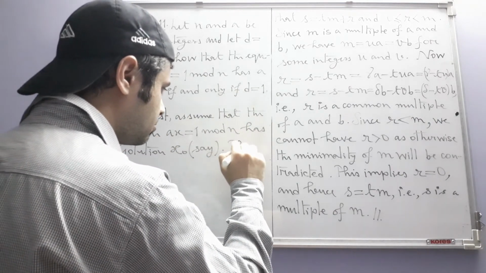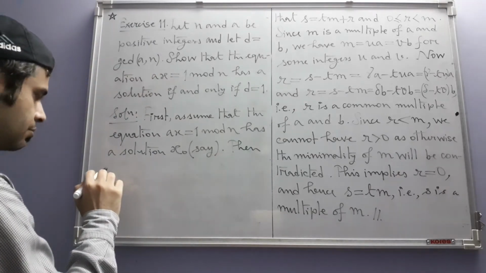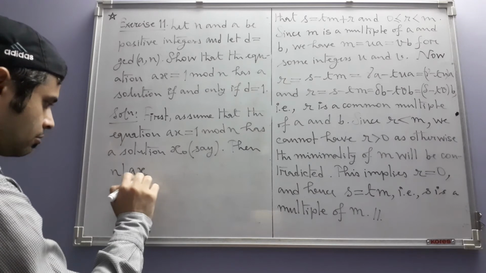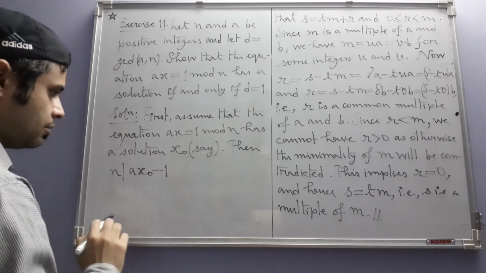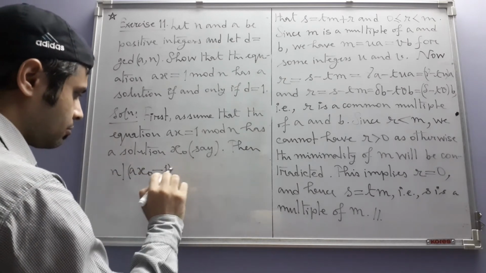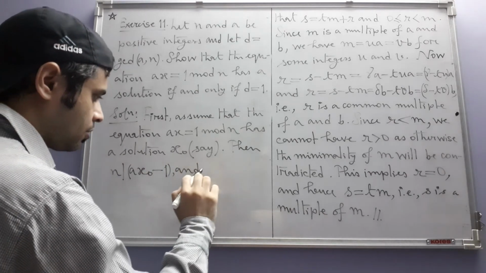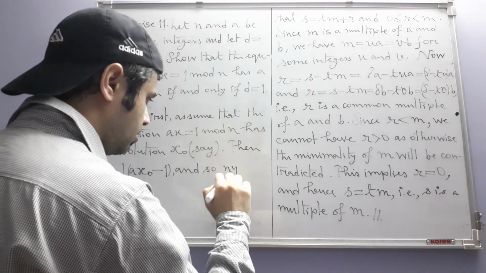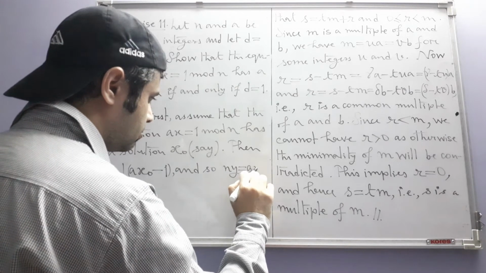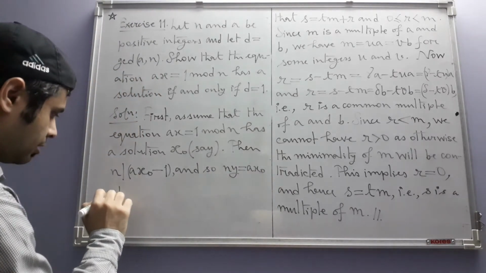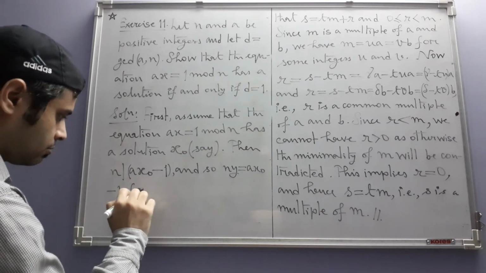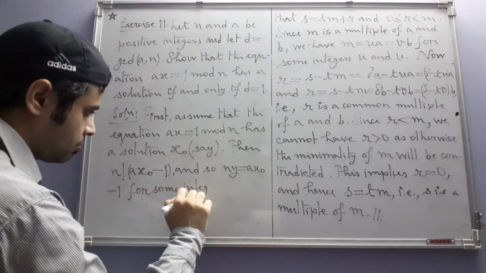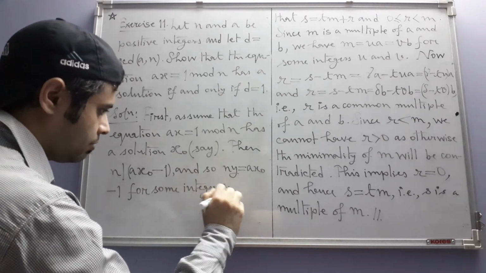Then n divides ax naught minus 1, and so ny is equal to ax naught minus 1 for some integer y.